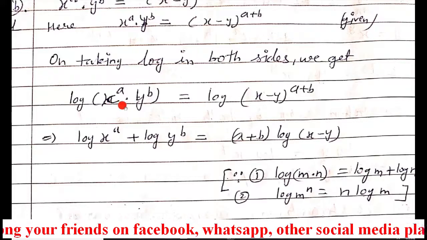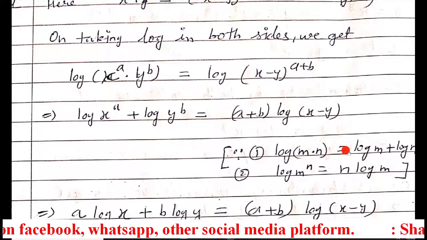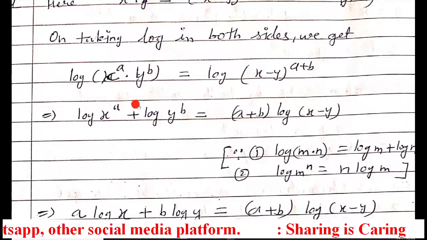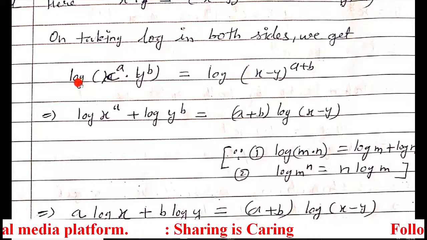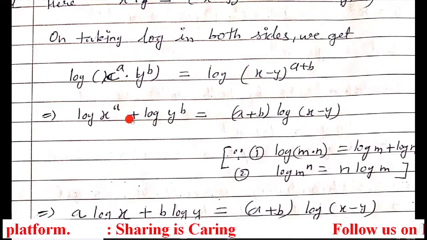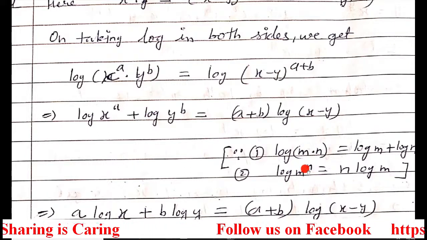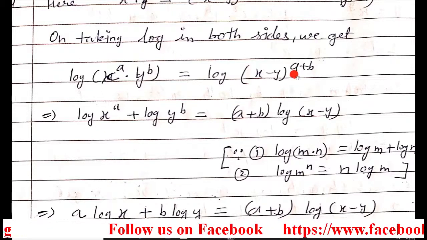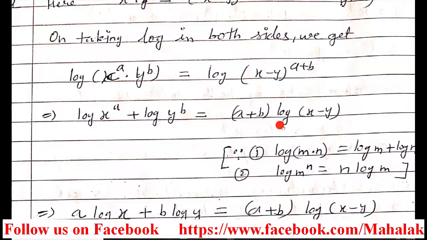Now here they are multiplied, and you know that log of m multiplied by n is equal to log m plus log n. So since they are multiplied, when we separate this, a plus symbol will come in the middle. Now here it is in the form of log m to the power n, so the power will come in front. In the same way here also a plus b will come in front. So we will obtain this equation.